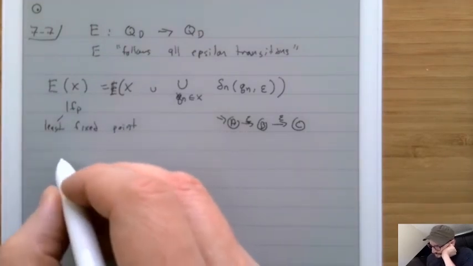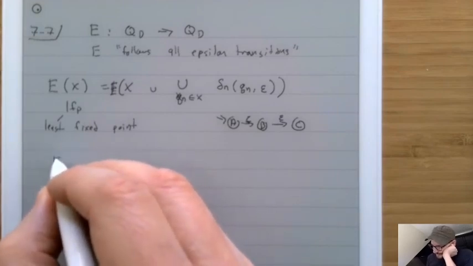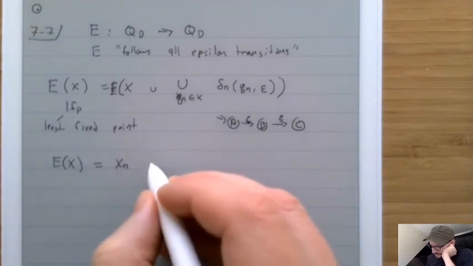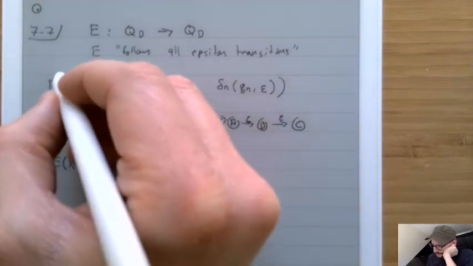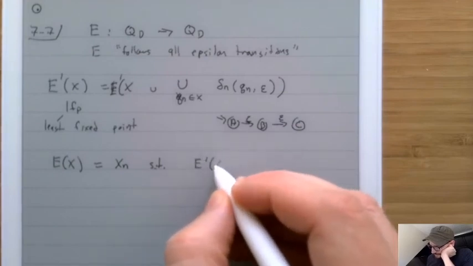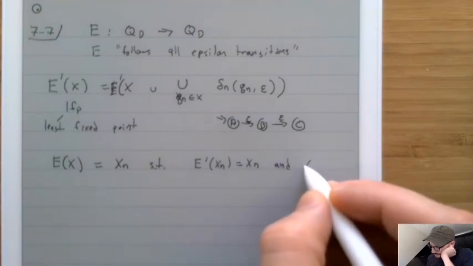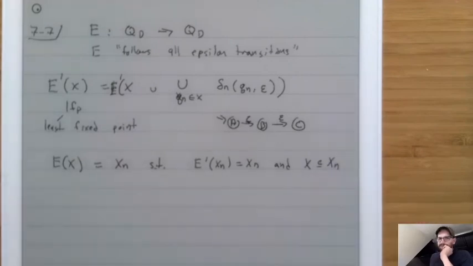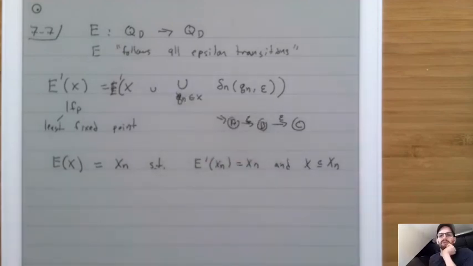So EX is going to be equal to XN such that, let's call this E prime, such that E prime of Xn equals Xn, and X, that's the argument, is a subset of Xn. So the idea is that we're just going to keep calling this until we don't get any more stuff.